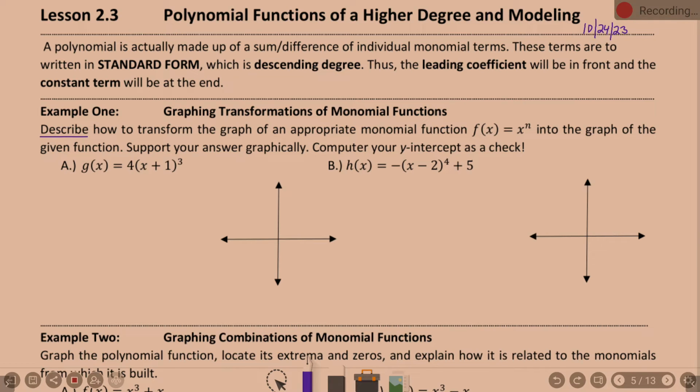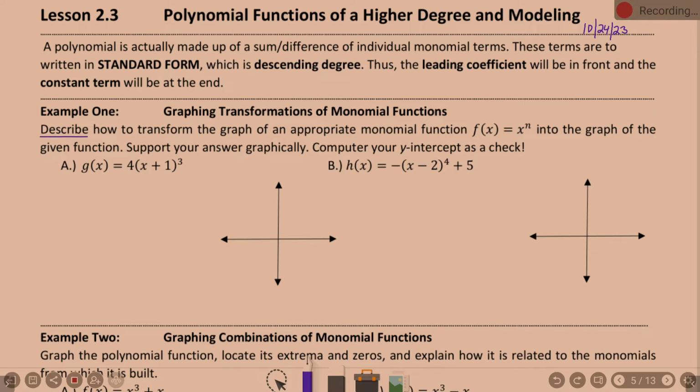But as you look at A, g of x equals 4 times (x plus 1) to the third. What are the pieces you see? What's the 4 do to the graph? Now, when you're multiplying by a value bigger than 1, it's a vertical stretch, right?